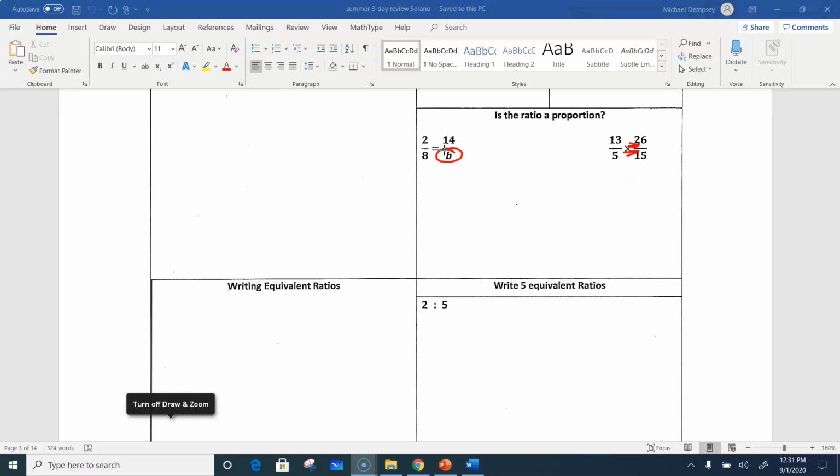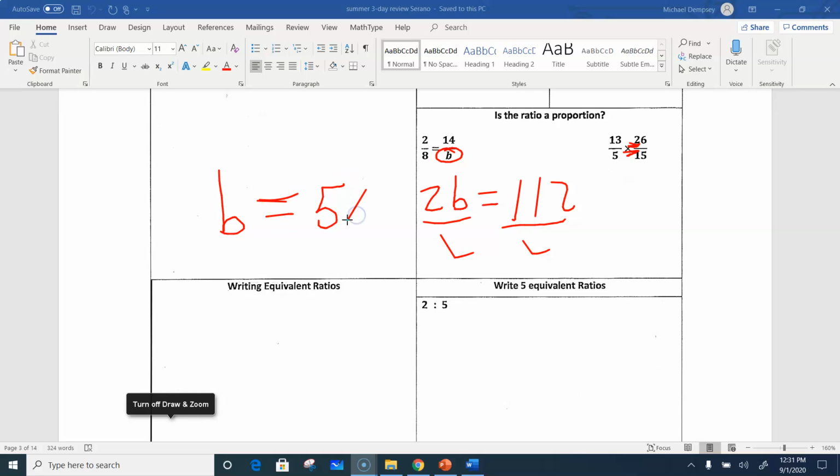We could solve this one with 2b equals 8 times 14, and that's 112. Okay, and then we divide by 2. So in this case, in order for those to be proportional, b would have to be equal to 56. 112 divided by 2 is 56.